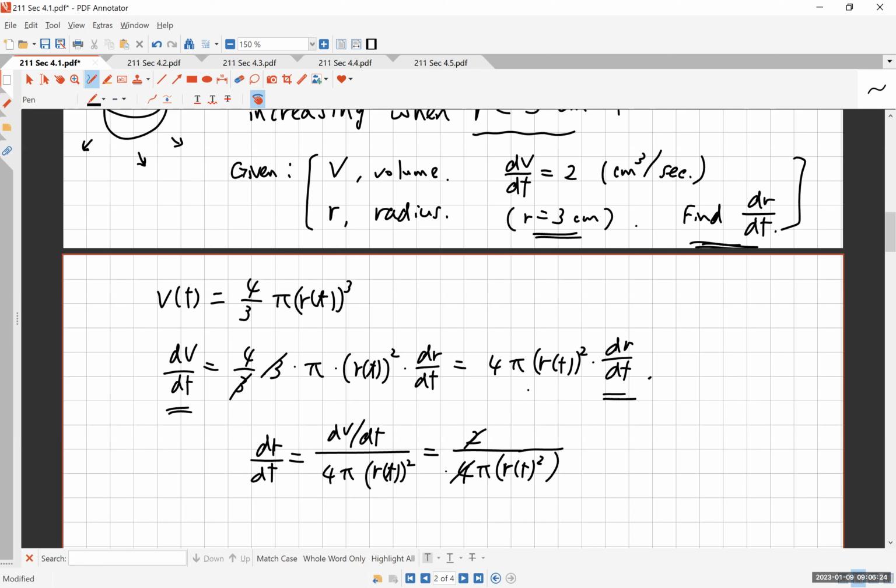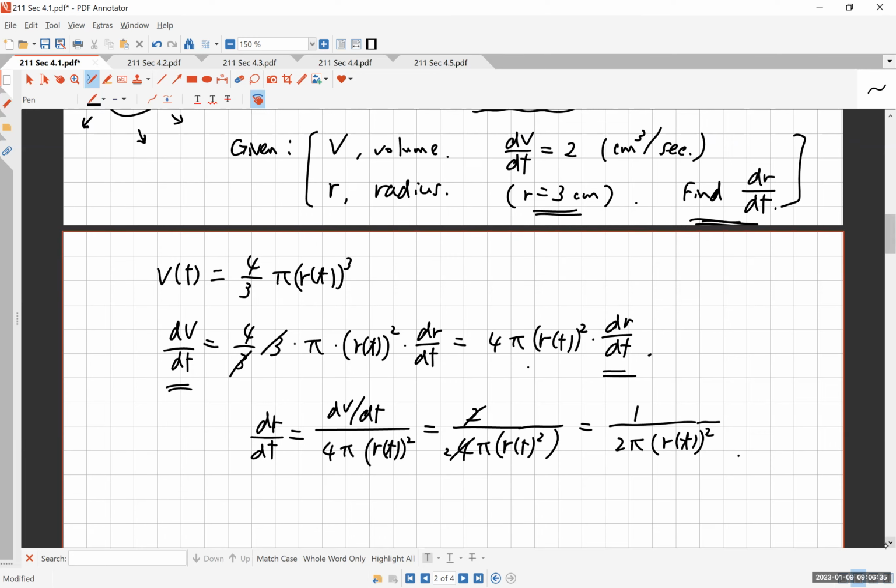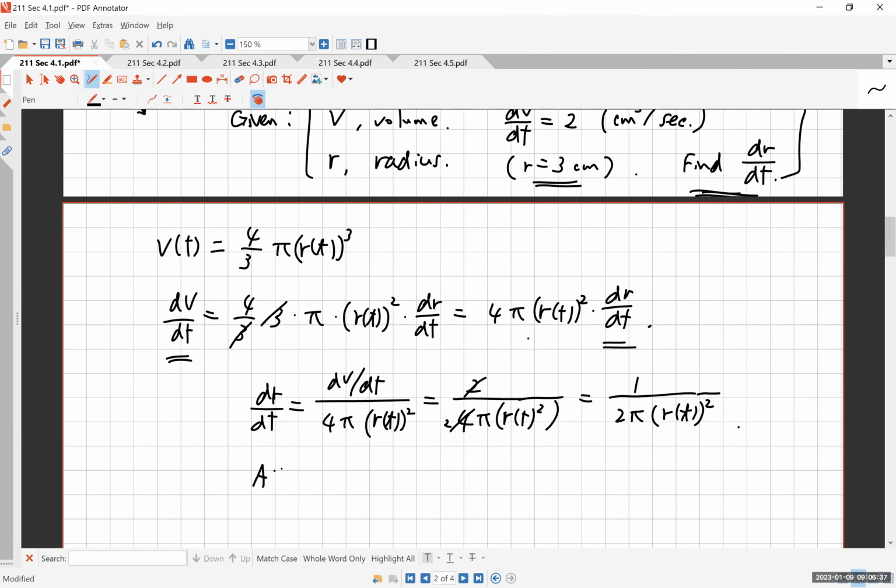All right, so the answer is going to be 1/2 pi r squared. All right, so at r equal to 3 centimeters, the radius is changing at the very small rate of 1/2 pi times r squared, that's 9. So this is 1/18 pi.